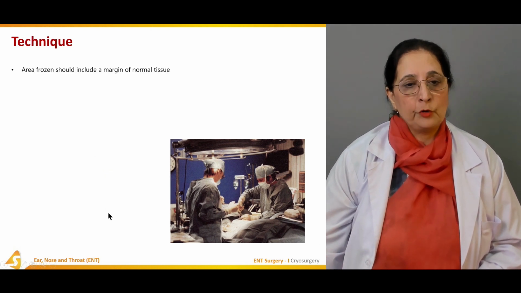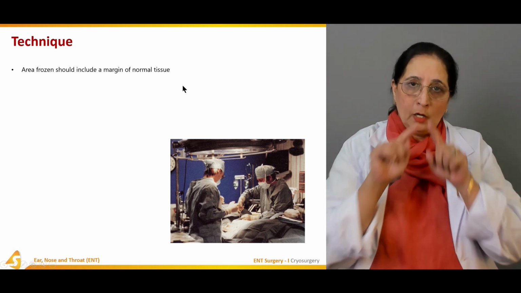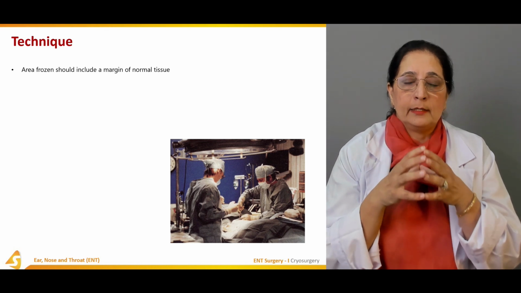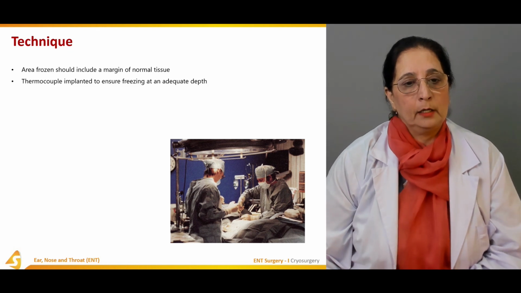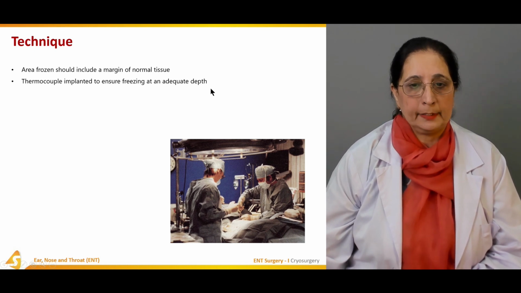The area frozen should include a margin of normal tissue. So always include a portion of normal tissue in the area that needs to be frozen. A thermocouple is implanted to ensure freezing at an adequate depth.